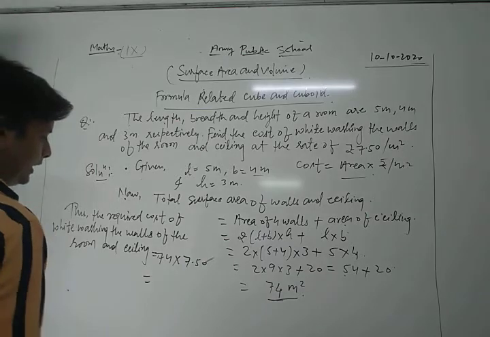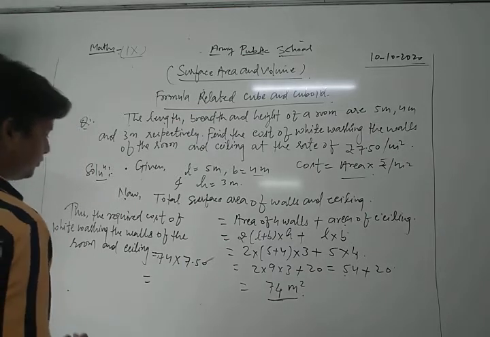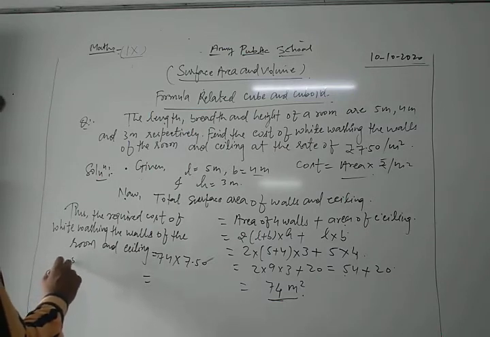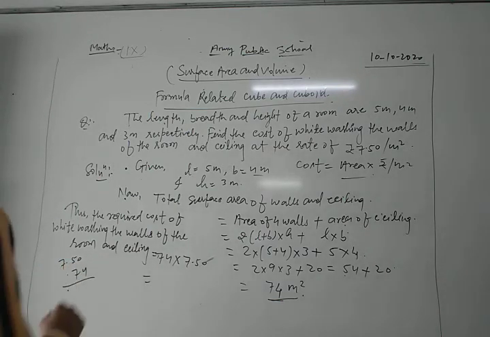Now we multiply them; let's see, 7.50 multiplied by 74, then we get what?